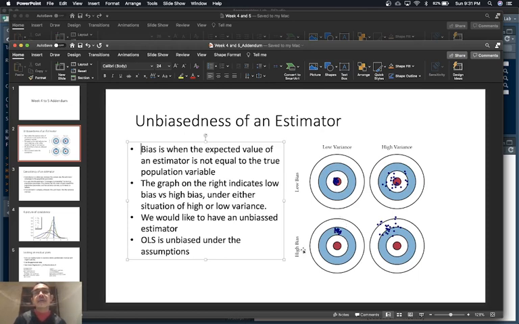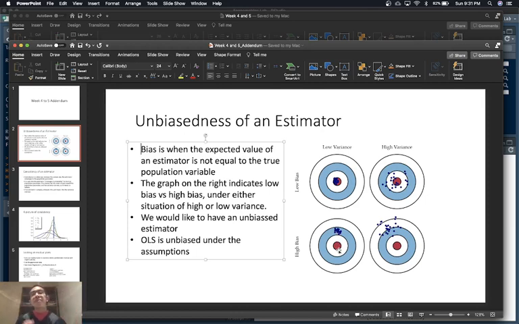Whereas under high bias, even under repeated sampling, you take 10 samples here and another 10 samples there, and compute the coefficients each time. It will be low variance in this situation, but it will be far away from the true population variable.